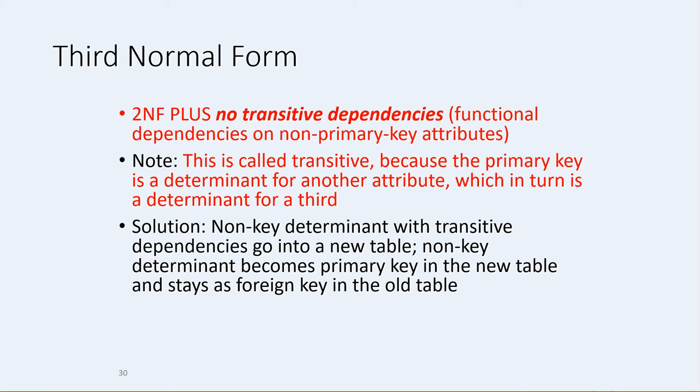What it means is that you have a primary key which determines another attribute which is also a determinant for a third attribute. So what does this confusing definition mean?